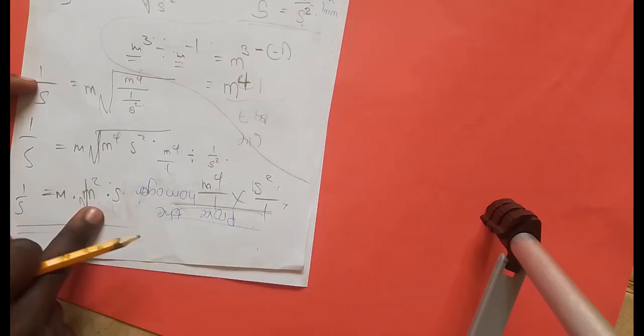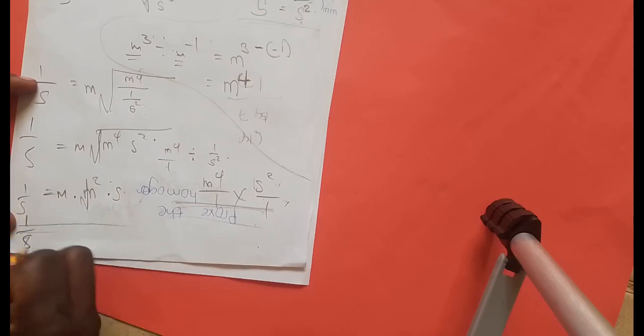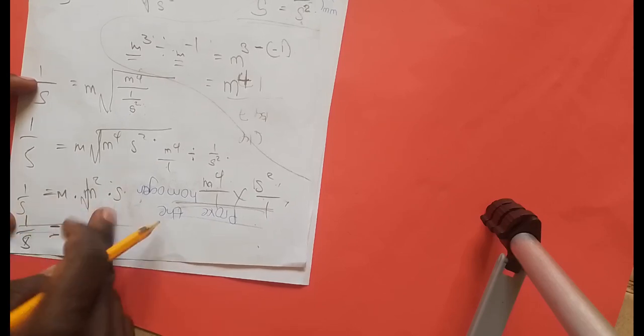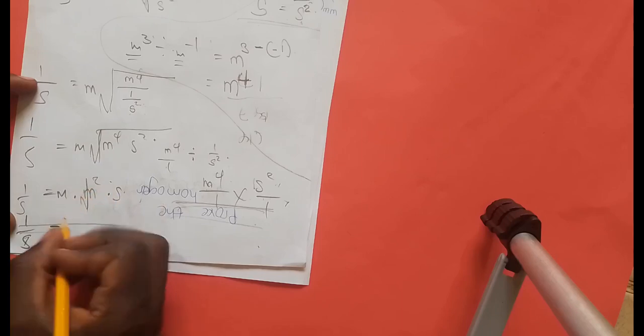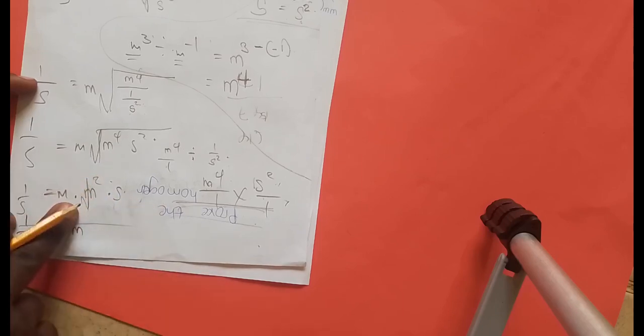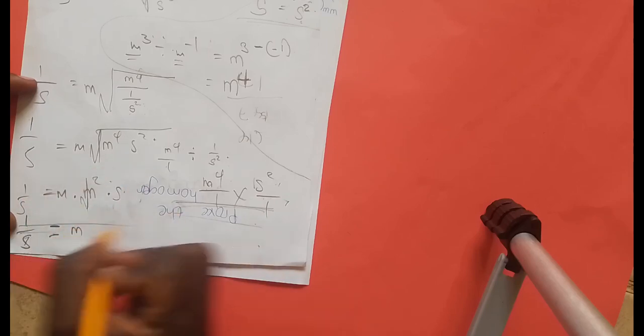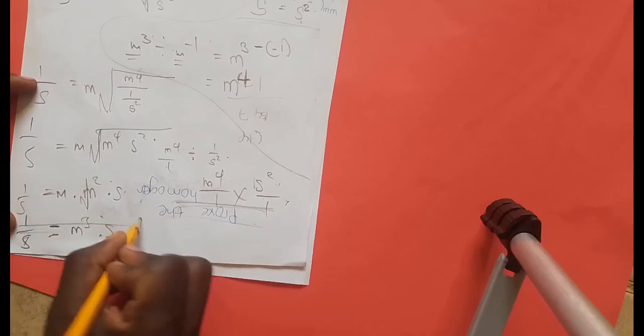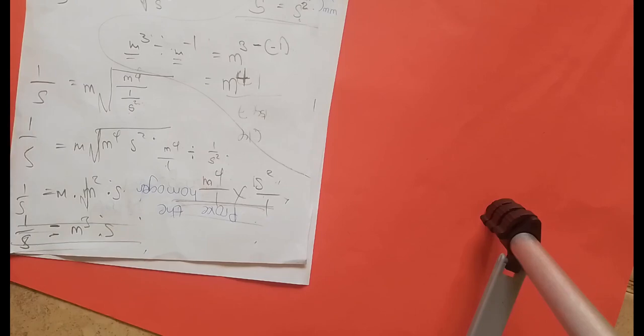If we multiply m and m, 1 over s leads to m to the power 1 times m to the power 2, which gives m to the power 3 times s. This is not homogeneous at all. Then you're done.